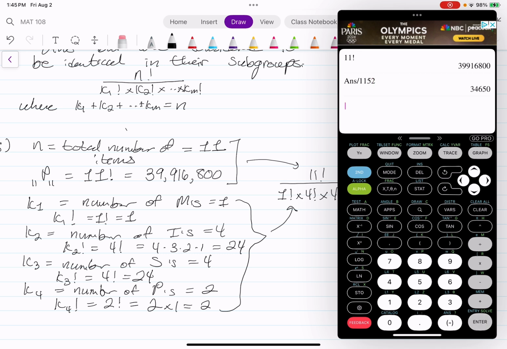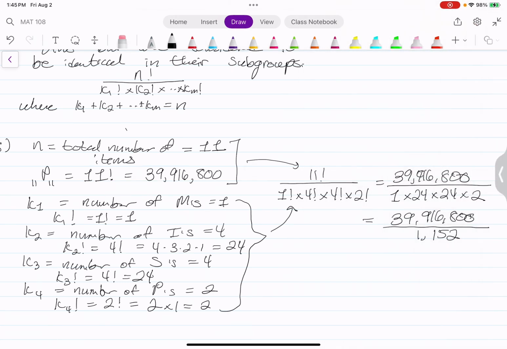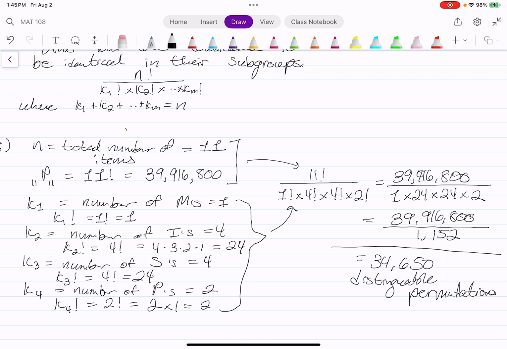And we get 34,650 distinguishable permutations. I know I spelled it wrong, but don't judge me.